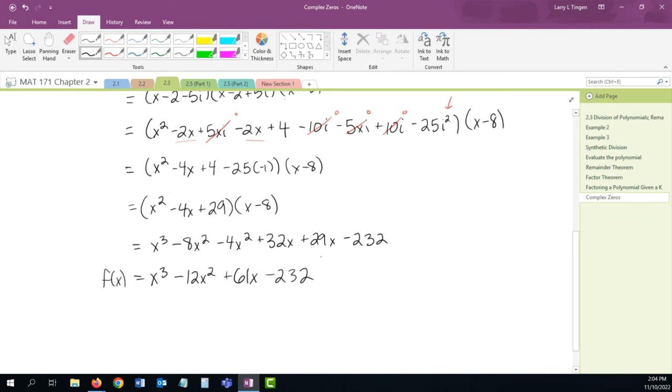So this is the polynomial that has zeros of 8, 2 plus 5i, and 2 minus 5i. All right. That's 2.3.